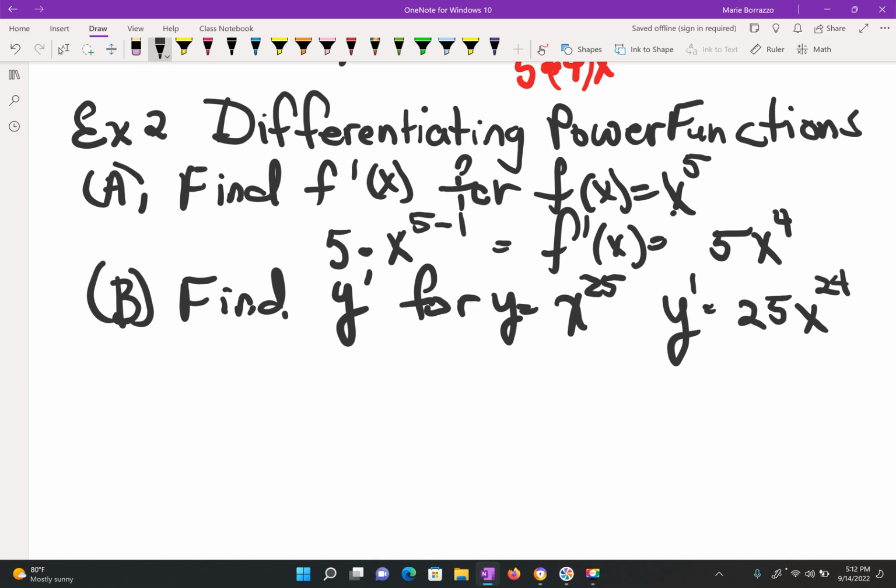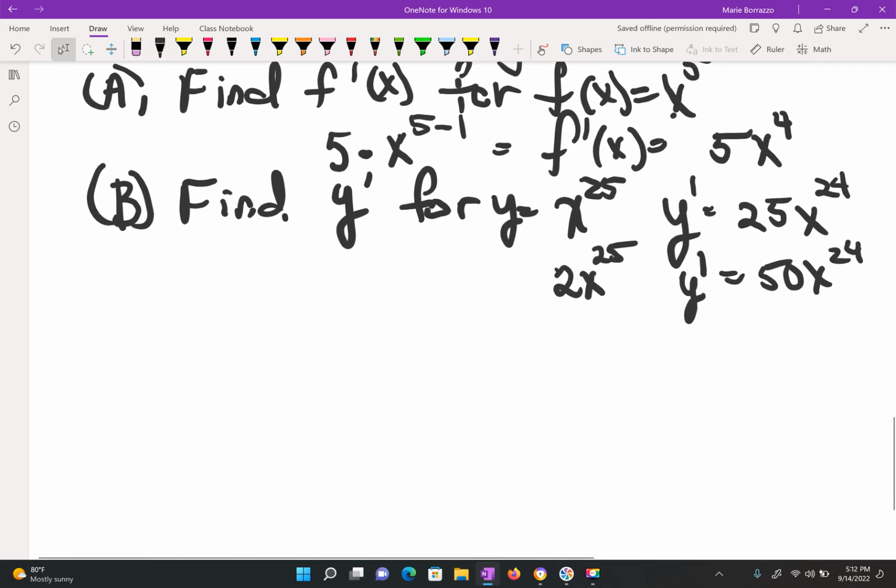So it's always multiply and then take away an exponent. And that's with coefficient 1. If this were to say 2x to the 25th, your answer would have been? 50x to the 24th. Yeah, y prime is 50x to the 24th. So that's the simplest way I can explain differentiation of a simple power.